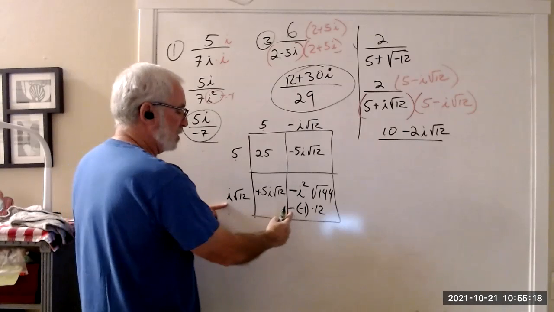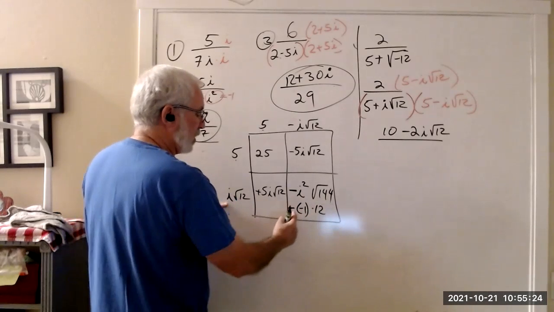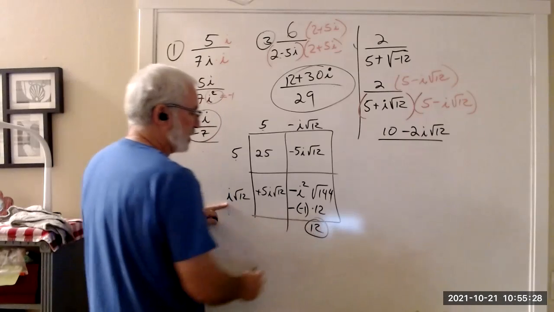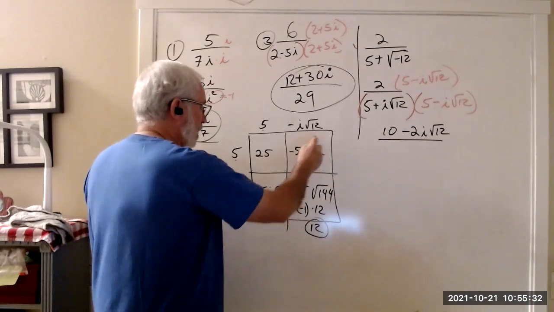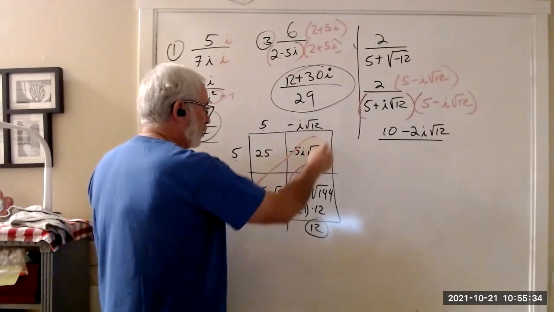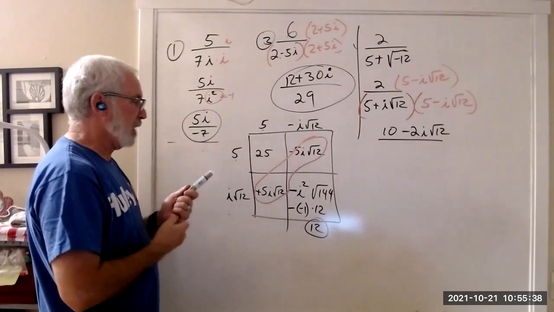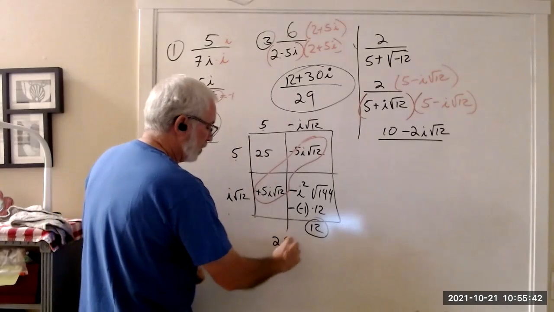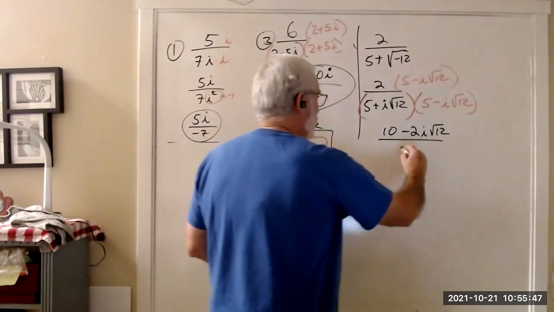Negative times negative is positive, so negative times 12 is 12. That's my answer. So what happened here? These are opposites of each other. They'll cancel each other out. What am I left with? 25 and 12, which makes 37.